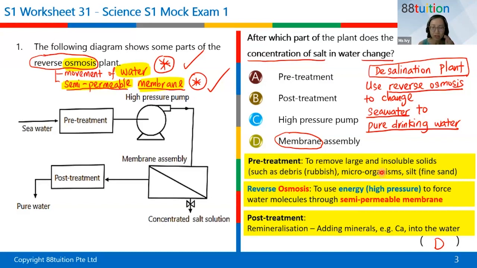They remove all these big items first. Then they go through reverse osmosis, which uses a lot of energy to force the water molecules through the semi-permeable membrane. Then post-treatment, they will add minerals like calcium or fluorine into the water to sanitize the water. So there are 3 stages in the desalination plant.